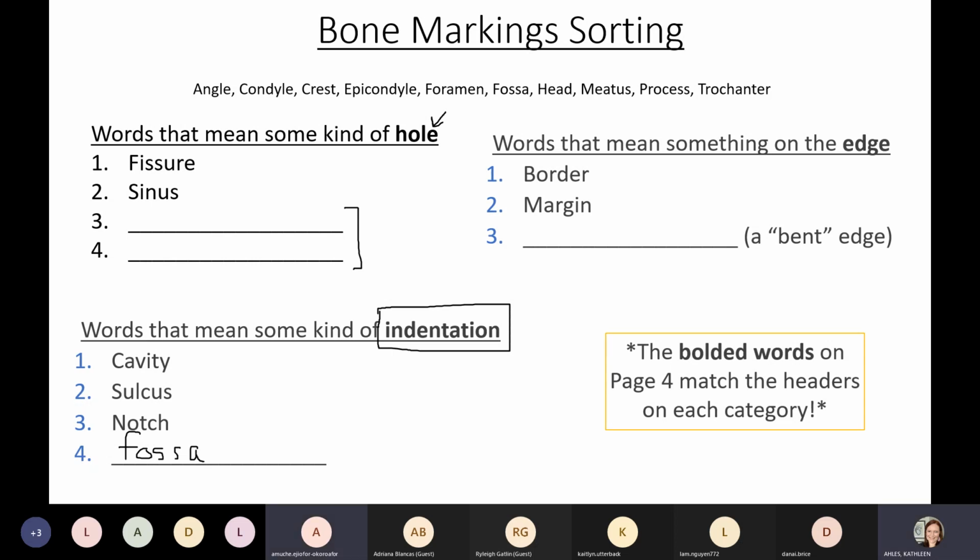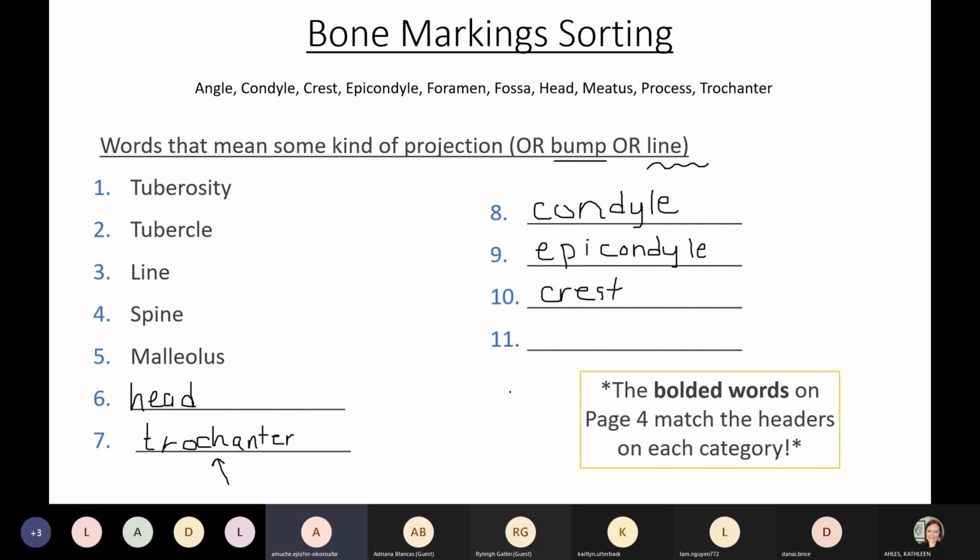I have a question. Mm-hmm. On the word that means bump, there's a total of 11. We've done up to 9, or I think I might be missing one. So is that part that we have to go and find the remainder?